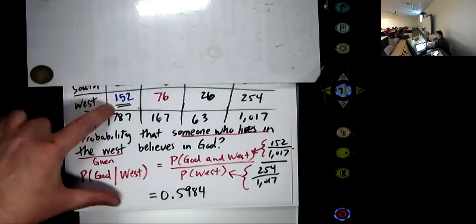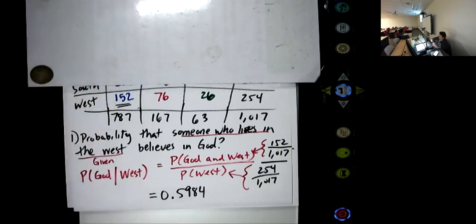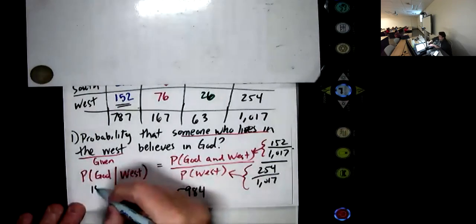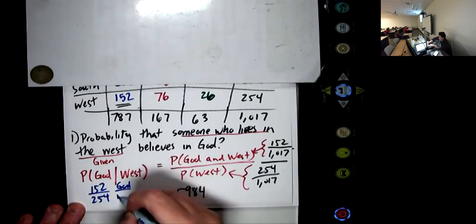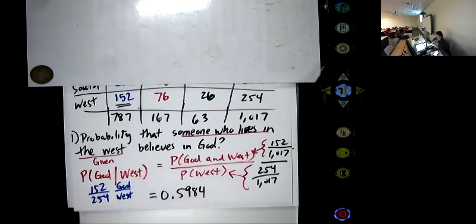There are 152 people that believe in God out of 254 people in the West. Now a little bit easier. Less calculator work. It's still going to get the same answer. It's still going to be this crappy decimal. But 152 over 254 should get you 0.5984.